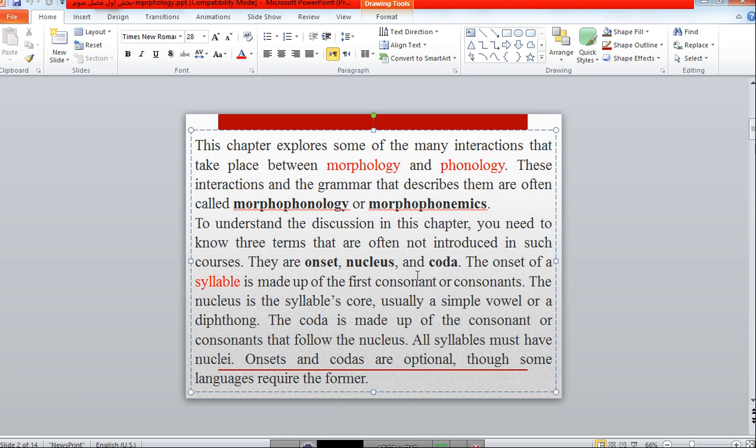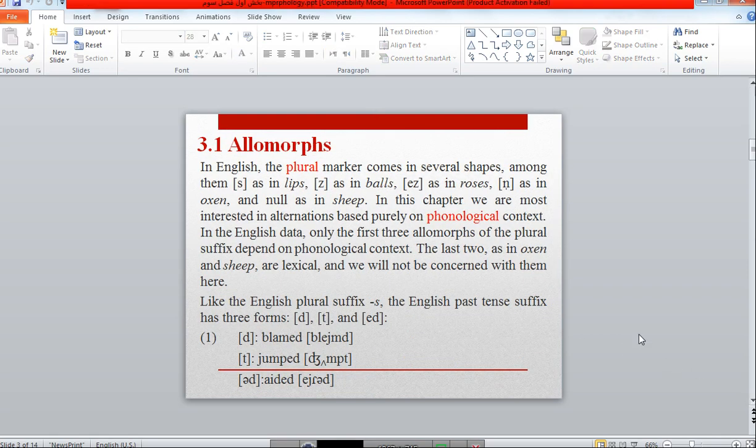And the coda is made up of the consonant or consonants that follow the nucleus. All syllables must have nuclei. Onsets and codas are optional, though some languages require the former. So, this is the definition of onset, nucleus, and coda, which you should know to understand some phenomena of this chapter. So we start with the allomorphs.